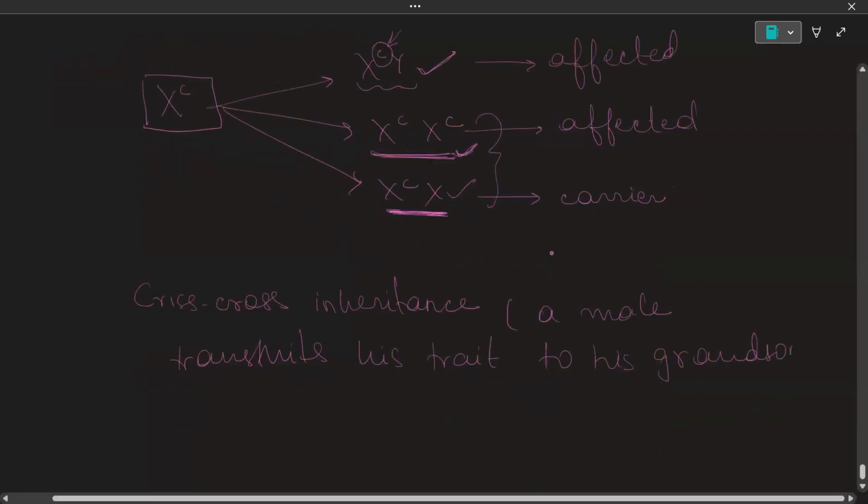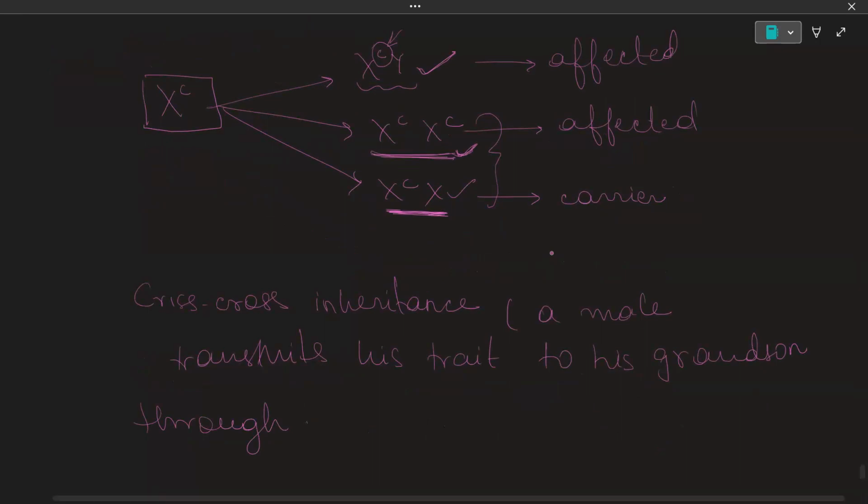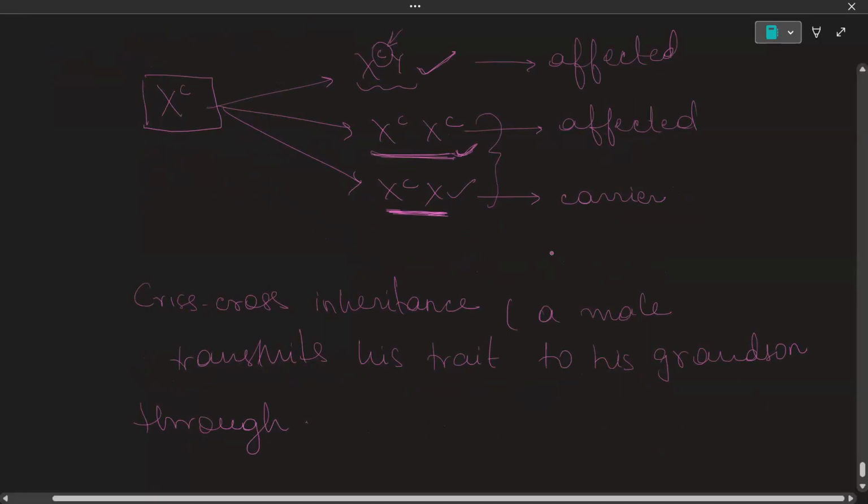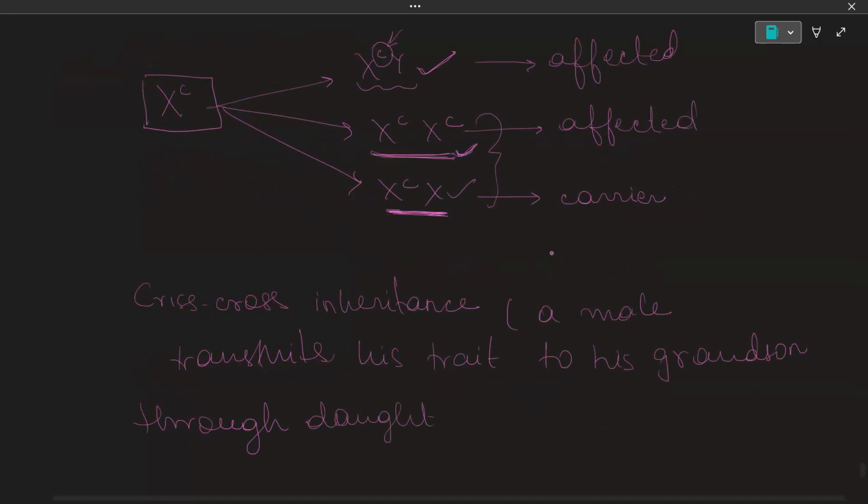The daughter is not affected, but the grandson gets it. The daughter is not directly transmitting it to the son; rather, the grandfather is transmitting to the grandson through the daughter. So this is the meaning of criss-cross inheritance.